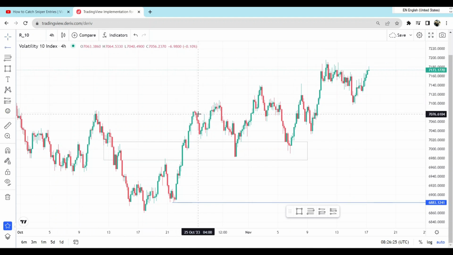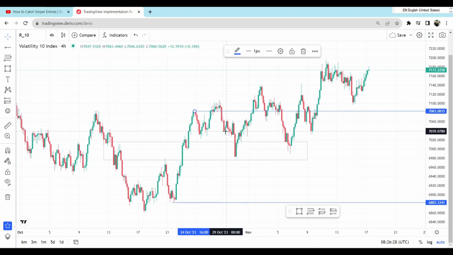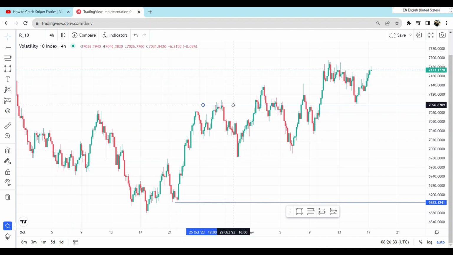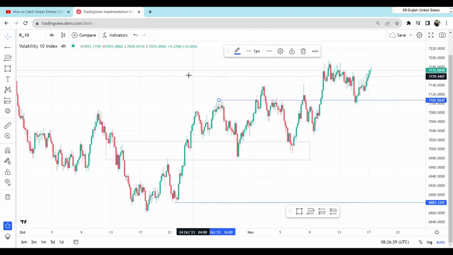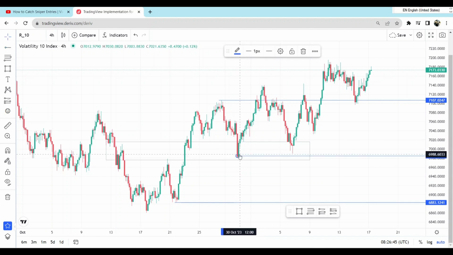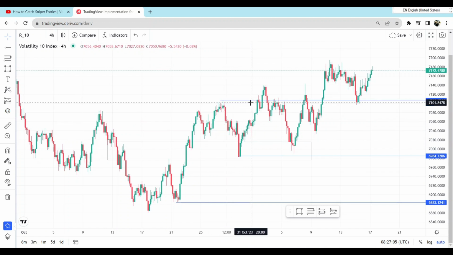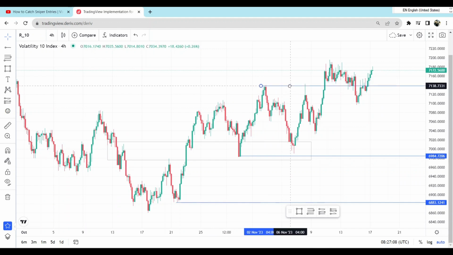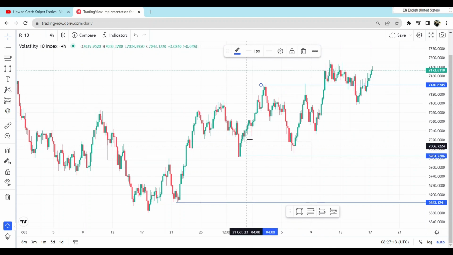From this market, we see a break of structure marking out our new low, a new high, and our higher low. Now that I know the market is ranging between this and this, I look for another break of structure, which is this one. So now we know that the market is ranging from this low to this high.